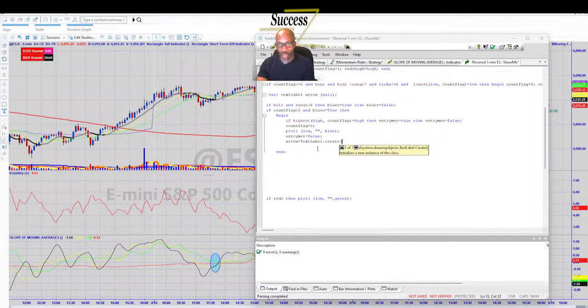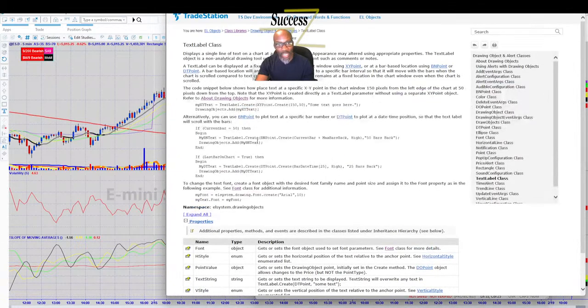I feel like it's supposed to be telling me something else here. Location. Text label dot create. Yeah, the location. We'll do it on the bar number. And then the text.